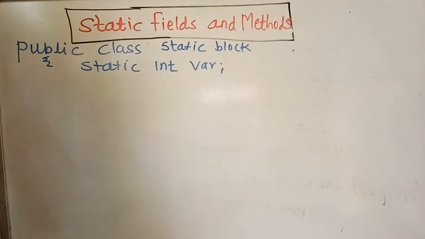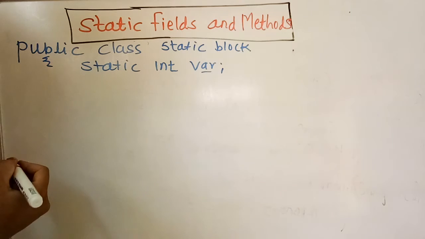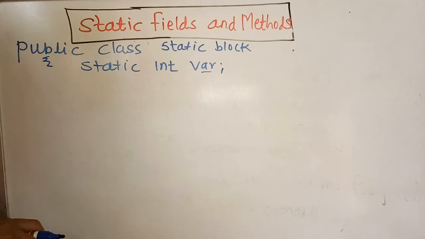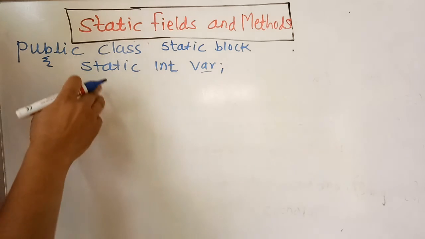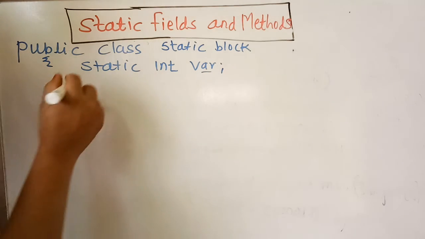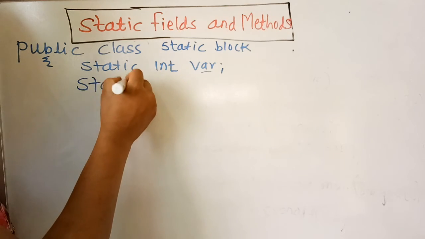Okay. Now this is the variable, that is static. How to create a static block? A static block has the purpose of initializing variables. Now carefully see the coding from this point, that is how to create a static block. Only write the keyword static.